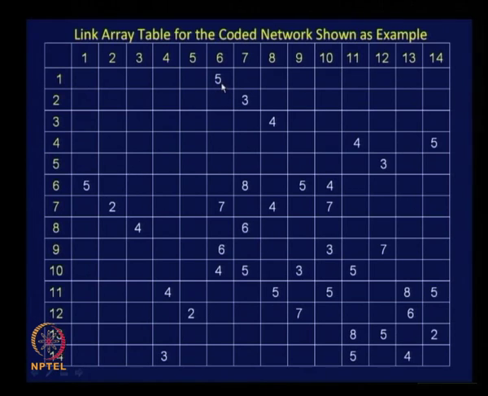For example, for 1-6, if you want to include capacity, you can say 5 comma the capacity value, and put one more comma and give the value for length. It is a notation you are giving, and your analytical program will understand what you really mean by these numbers. The sequence is fixed. You can fix the sequence and give whatever link attributes you want to give for a link.